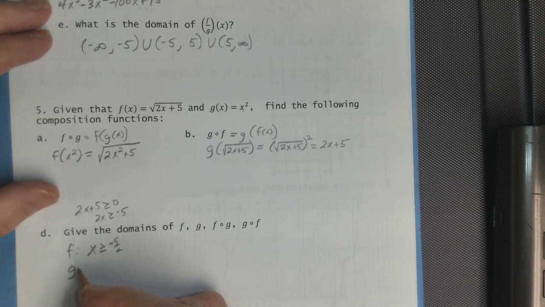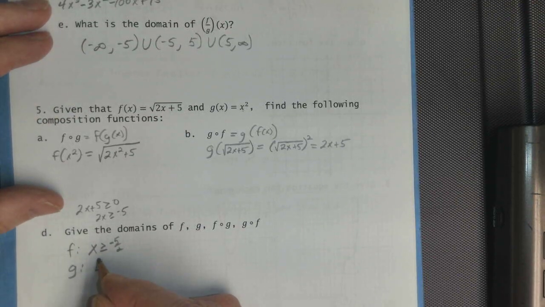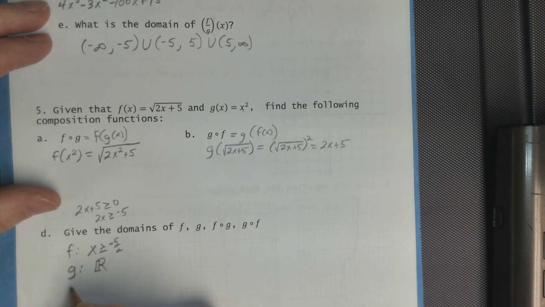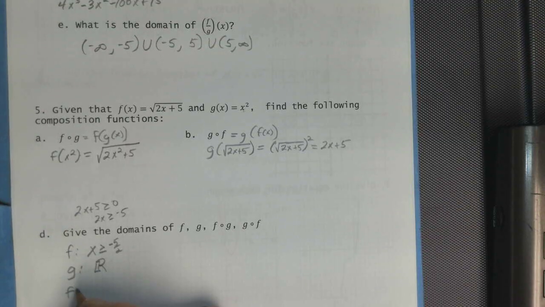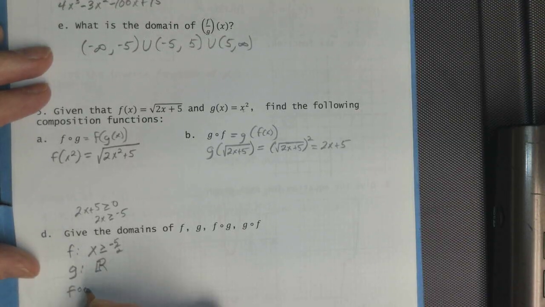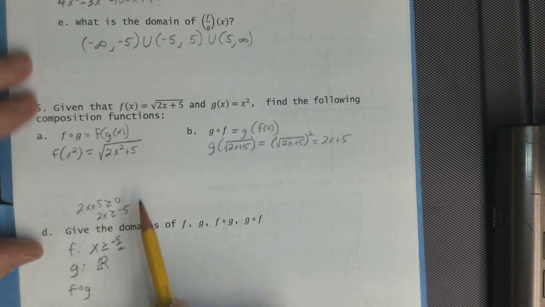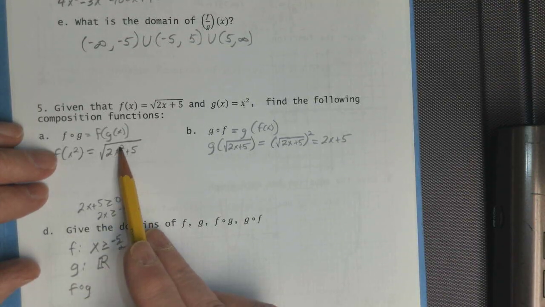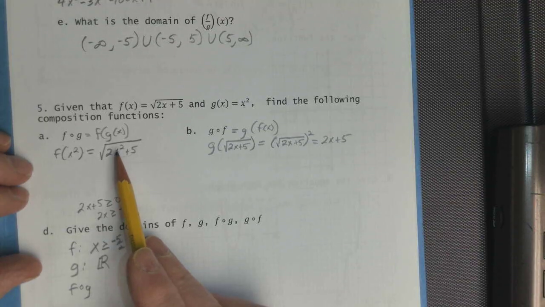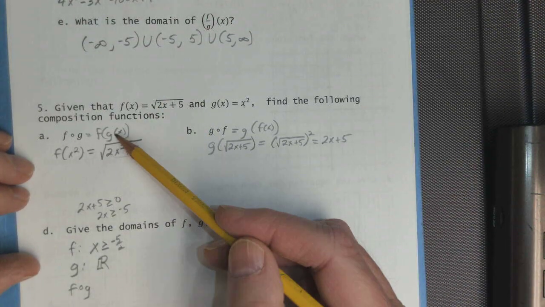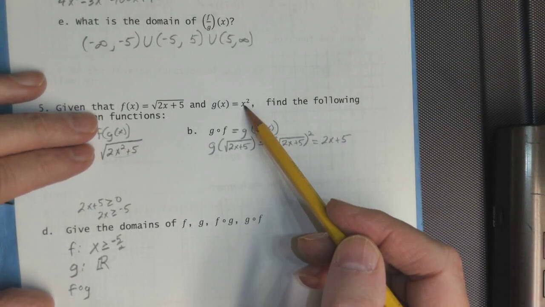G: all real numbers. F circle G: okay, for the G of x, all real numbers can be in it.